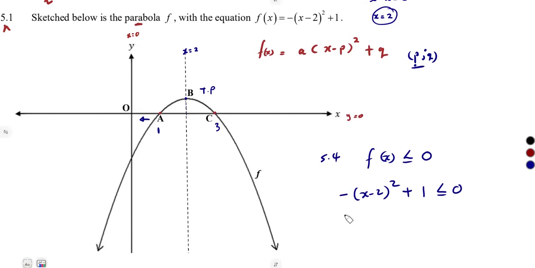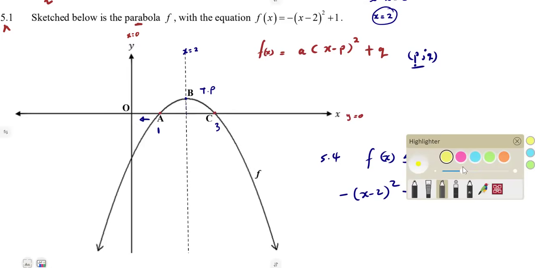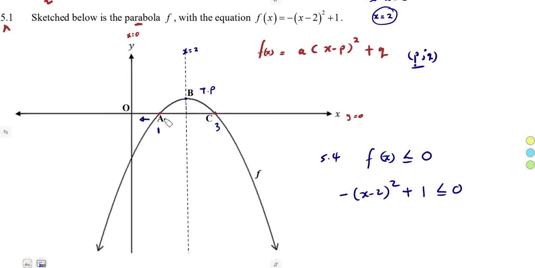Then after that you check, all right, the graph is going to be affected with a negative. So the sign is going to be like this. Where are the critical values? All right, guys, are you going to do all that? No. Because already this is the function, and A and C represent the critical values, the solutions when we solve for this f of x being equal to 0.